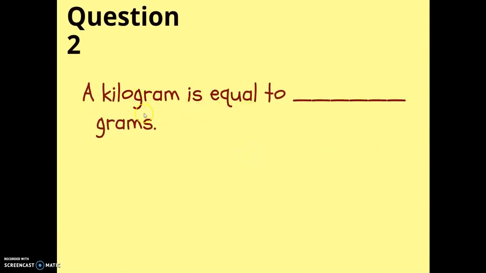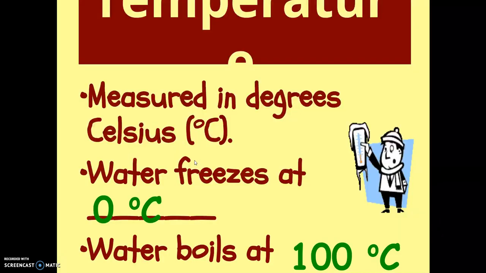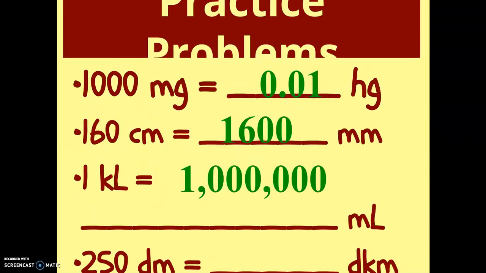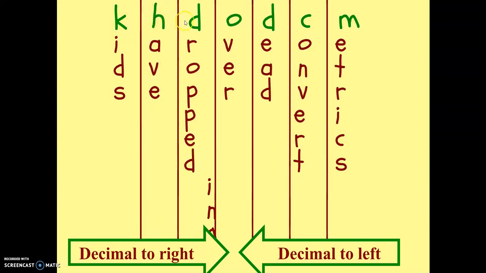A kilogram is equal to how many grams? So we're going from kilogram to gram. If you look back at our "kids have dropped over dead" converting metrics chart. Maybe I should have done this, but we'll keep going. So right here's our gram. That's gram, meter, or liter. So we're going 1, 2, 3 to the right.